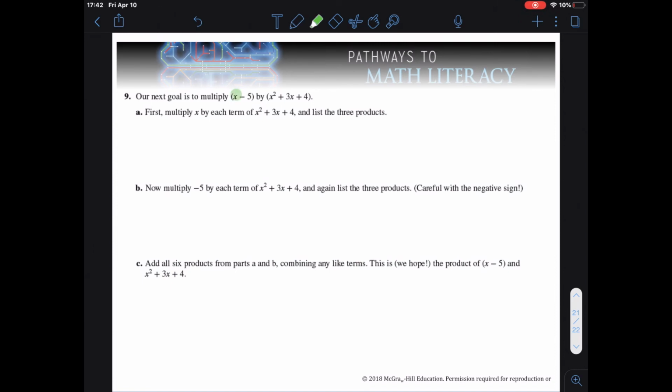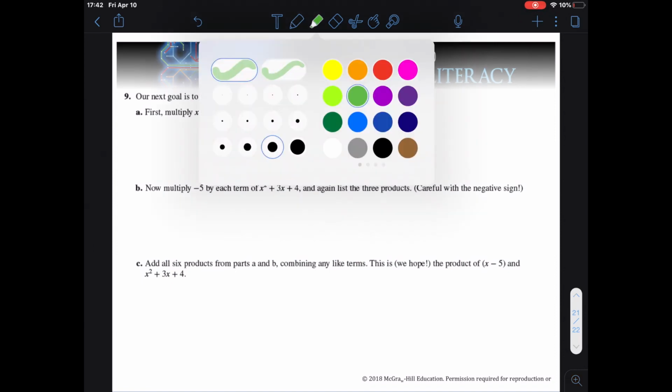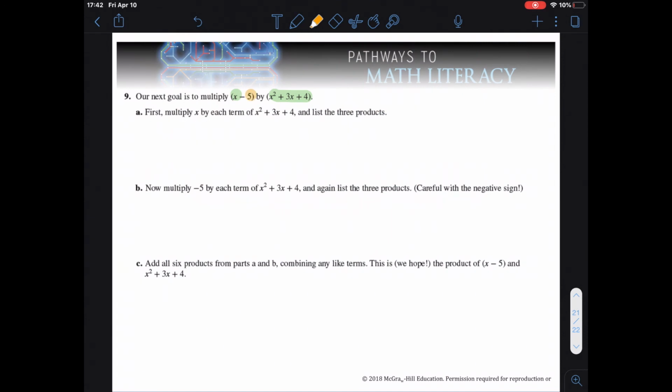This x has to come in contact with all of these, and the minus 5 has to come in contact with all of these. So we're going to first multiply x by each term of the other expression. So x times x squared plus 3x plus 4. It's going to get distributed to all of them.